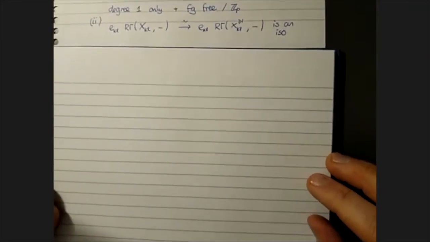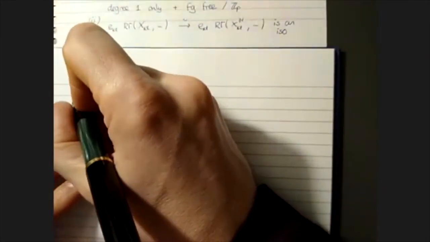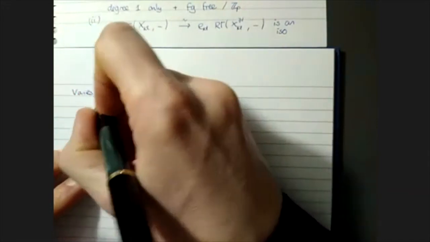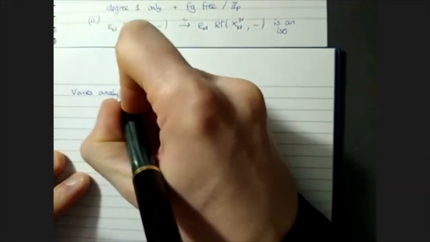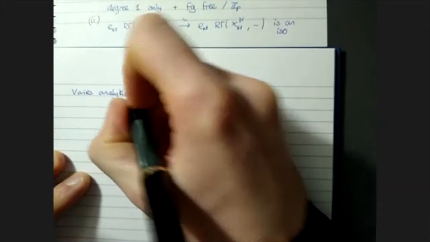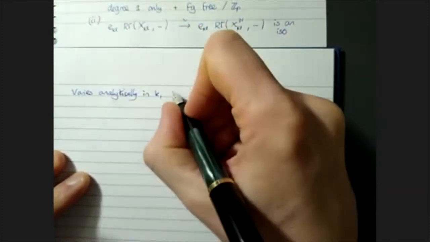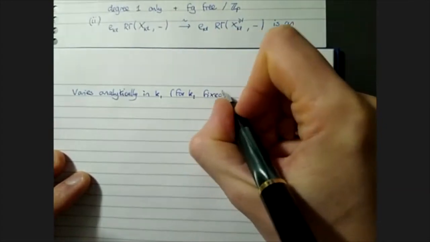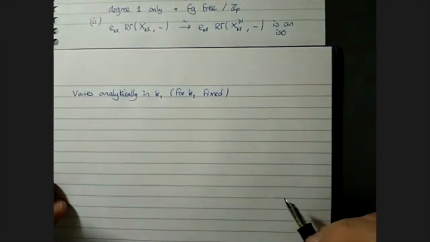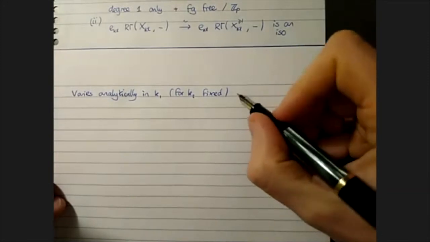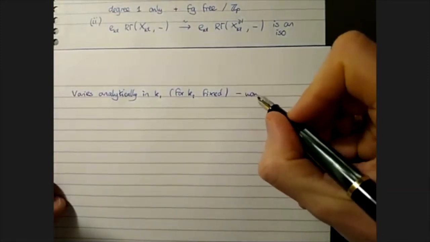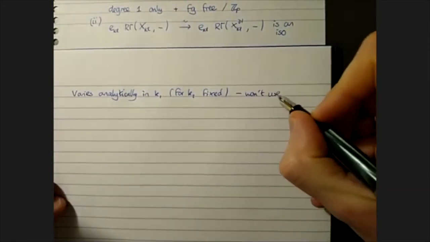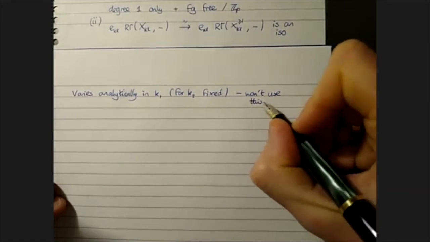So this does actually vary analytically in families in K1 for fixed K2, but we're not going to use this. It's not vital to the construction of the p-adic L function.